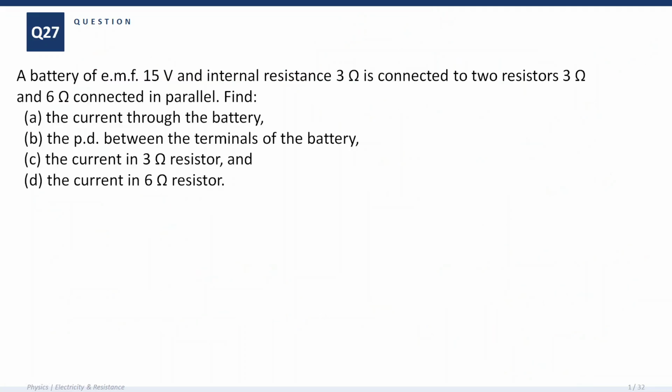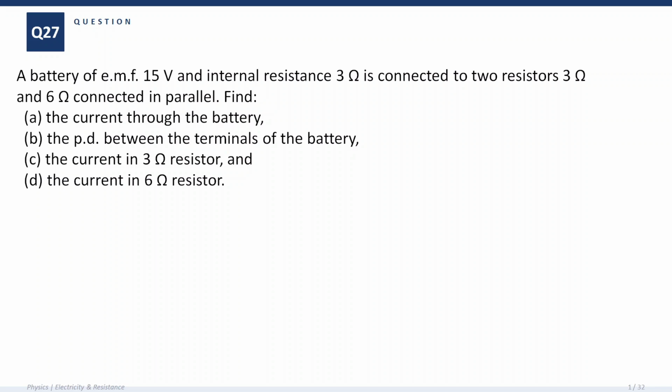Question number 27. A battery of EMF 15 volt and internal resistance 3 ohms is connected to two resistors, 3 ohm and 6 ohms, connected in parallel. Find the current through the battery, the potential difference between the terminals of the battery, the current in the 3 ohm resistor, and the current in the 6 ohm resistor.